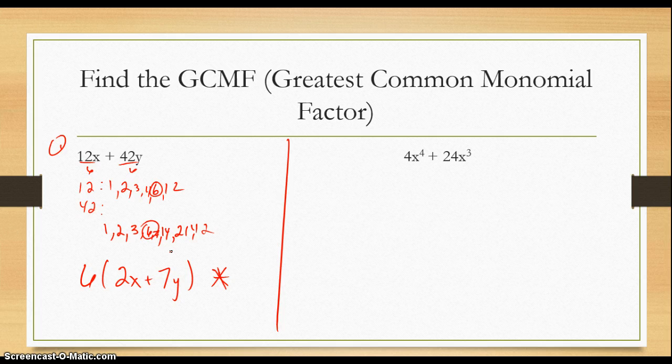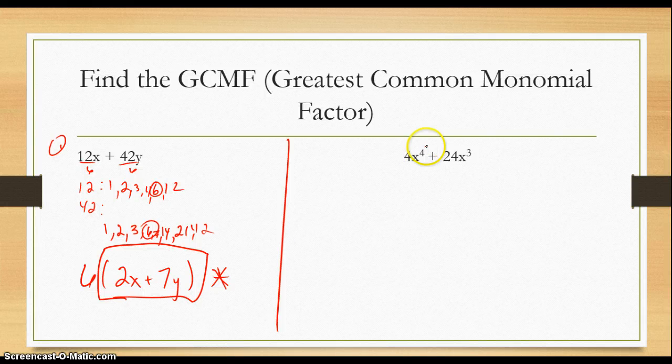So I take out the greatest common factor, and then I simplify it. So 6 times (2x plus 7y). You can look inside your parentheses and see if they have anything else in common. Well, 2 can't go into 7. So the coefficients of the x and the y do not have anything in common, and x and y are different. So this would be my simplified answer here.